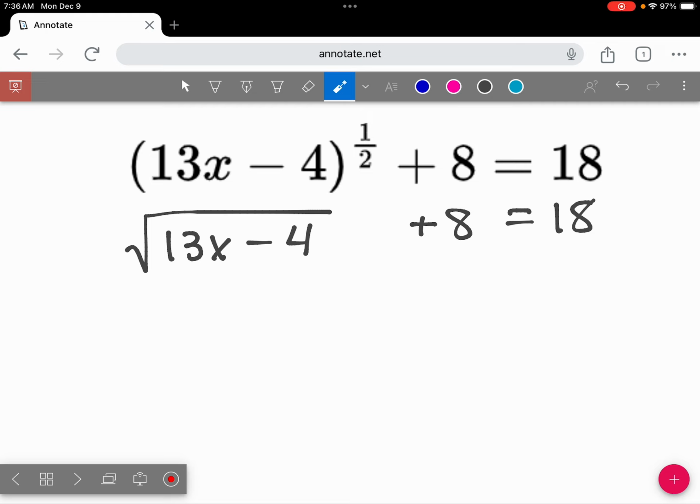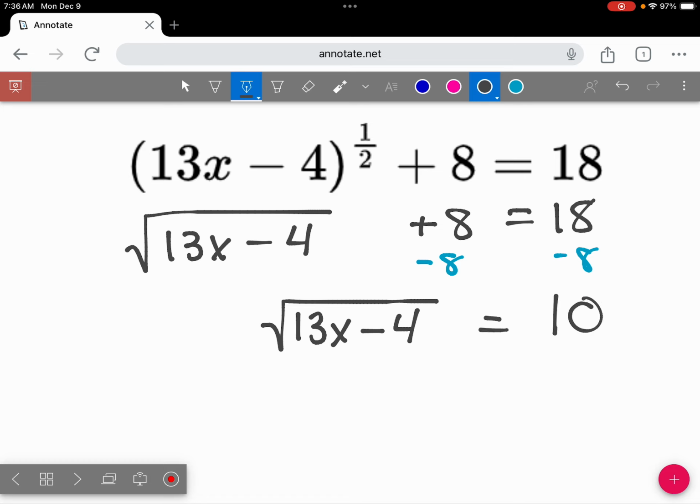Either way, whichever way you write it, subtracting 8 is going to be your first step. So we're going to have our square root of 13x minus 4 equals 10.